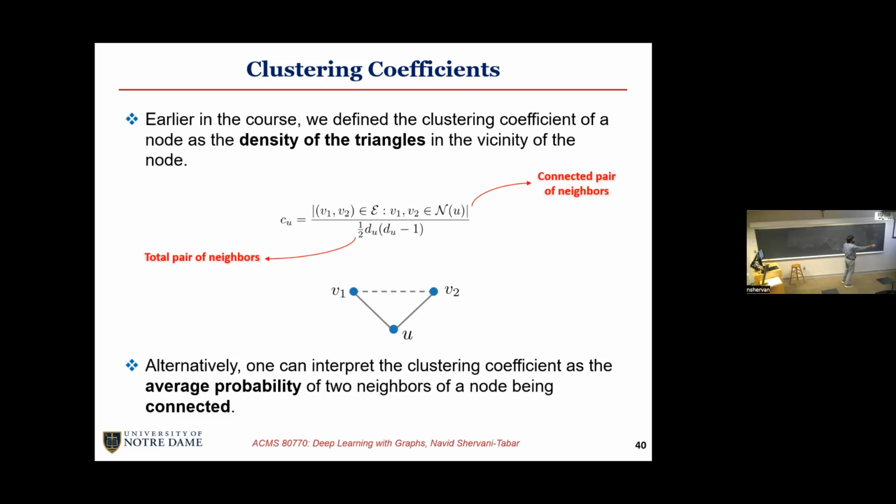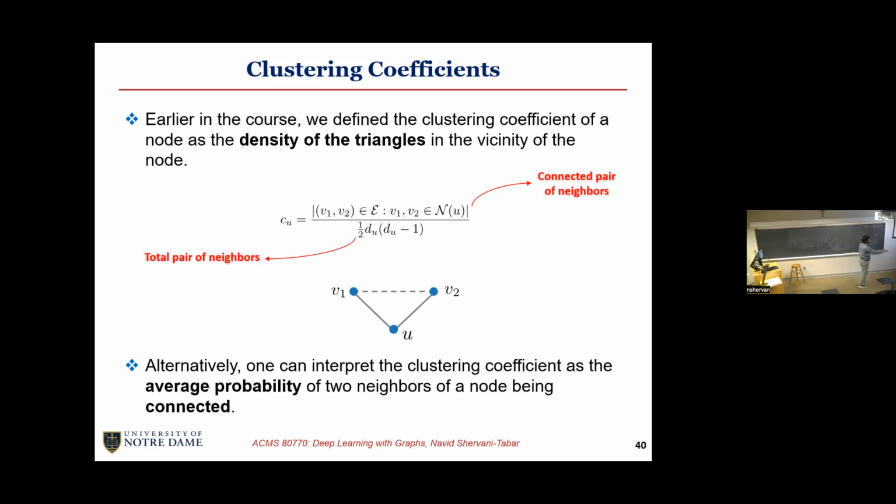So the more triangles around a node U, the more connected the neighborhood of that node is, right? To find that, you look at nodes V1 and V2 that make an edge, where both of those nodes are neighbors of node U, and we divide that by the total number of possible pairs of nodes in the neighborhood of node U, which we can show by 1/2 times du times du minus 1.